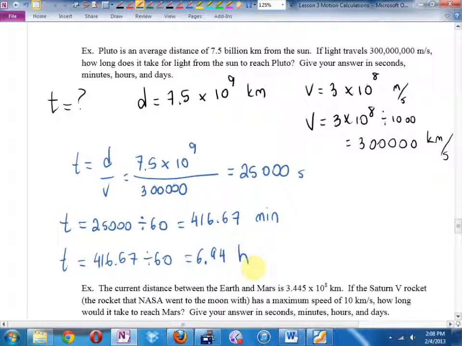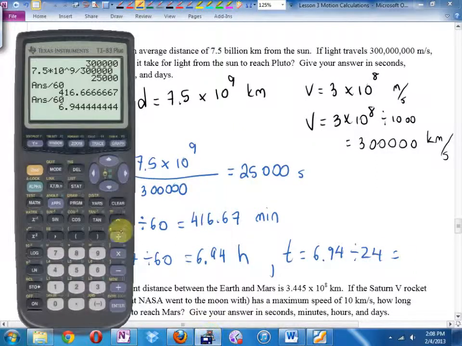It's going to have something to do with 24. Am I going to times or am I going to divide? Let's think here. 24 hours is how many days? So how do you turn a 24 into a 1? Do you times by 24 or divide? I think it's okay. We've got one more to do. T equals 6.94 divided by 24. How many days? 0.29 days.